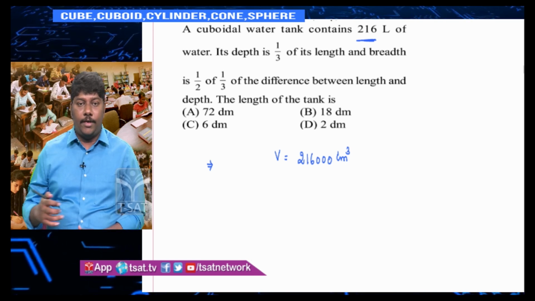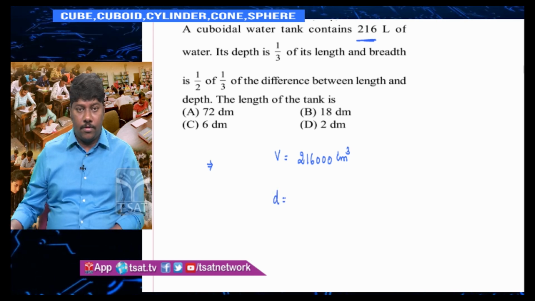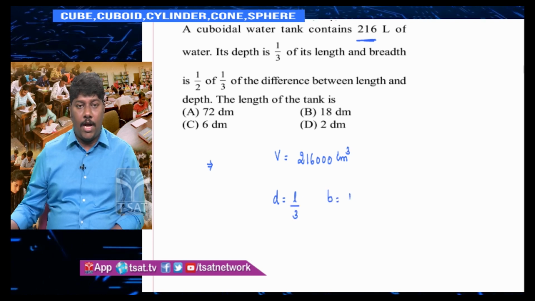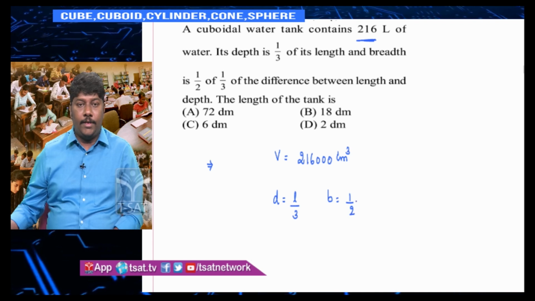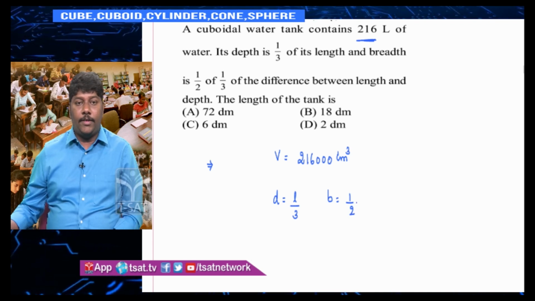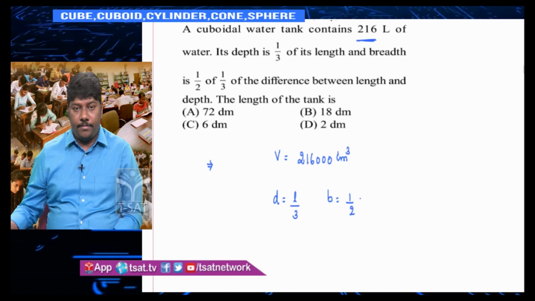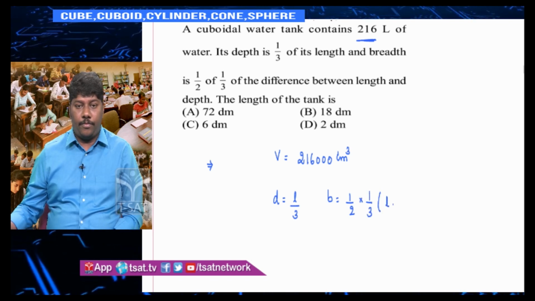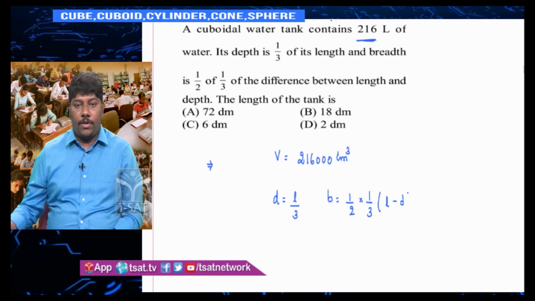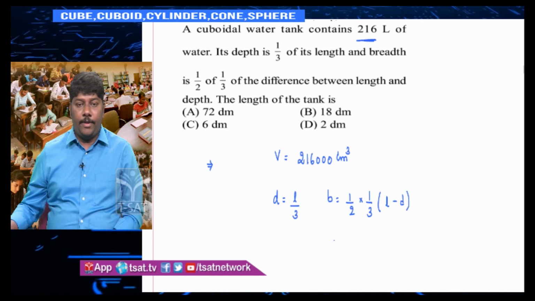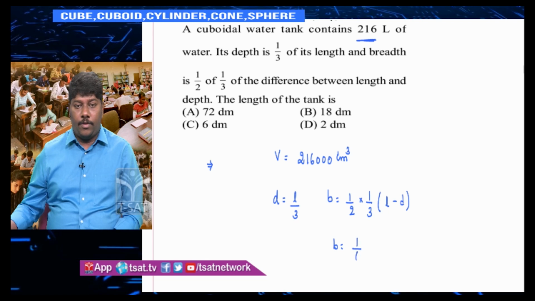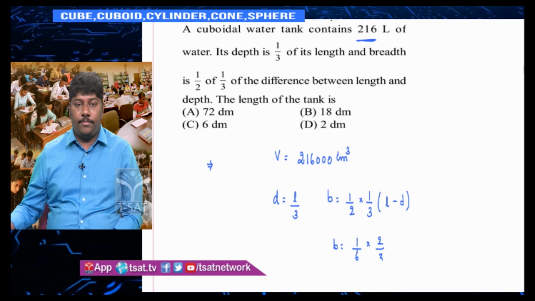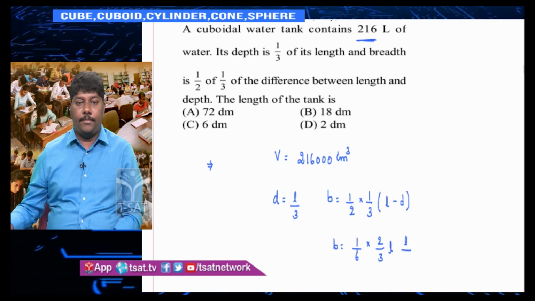Its depth is 1/3 of the length, so L by 3. Breadth is half of 1/3 of the difference between length and depth, where depth is clearly given. L minus L by 3 is 2/3 of L, so breadth is L by 9.